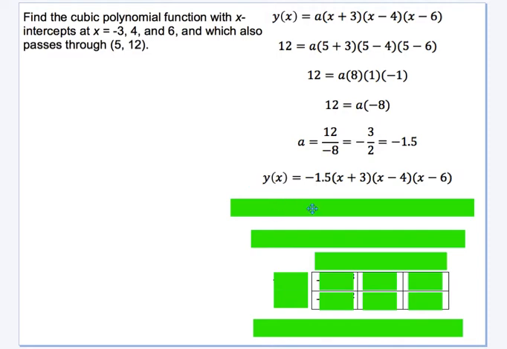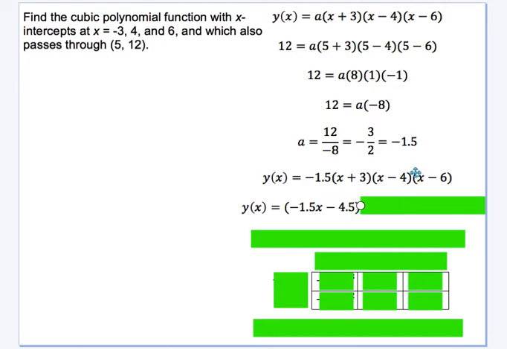I want to go ahead and FOIL that, and I can multiply my first term by -1.5, so -1.5 times x, and then -4.5 comes from the -1.5 times 3. Okay, now I have two other terms, the x minus 4 here and the x minus 6.